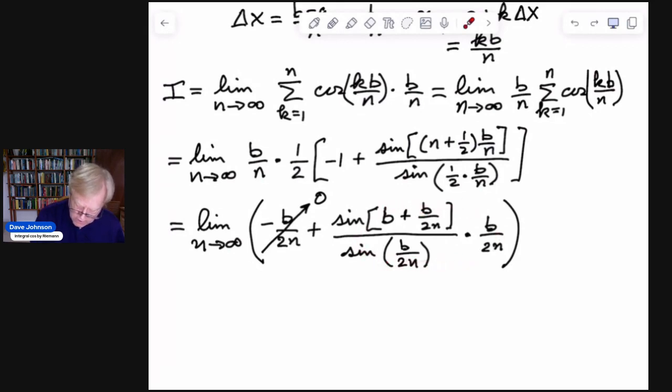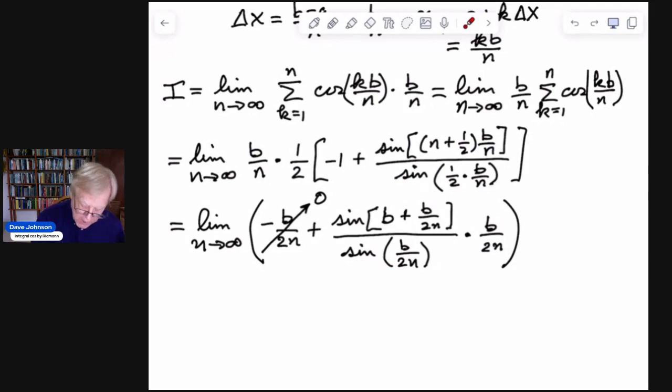Well, you're going to have this sine of b plus b over 2n times b, but this is going to go to 0, and so you're going to get a sine b, but what about this? This looks like sine of 0.